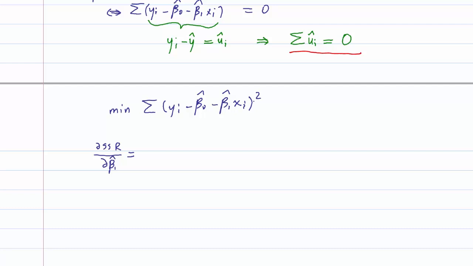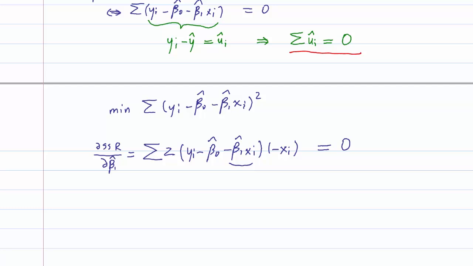So if we differentiate this with respect to beta 1 hat, we get the sum. The 2 comes in the front, and then we keep the parentheses. yi minus beta 0 hat minus beta 1 hat xi. And then we have to multiply by the derivative of minus beta 1 xi, which is basically minus xi, and set this equal to 0.